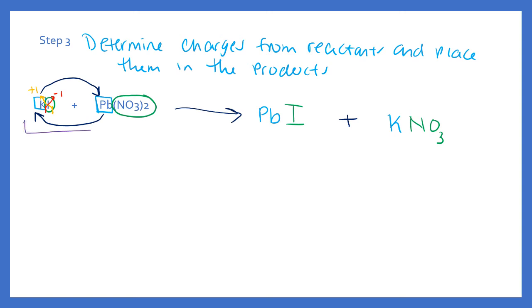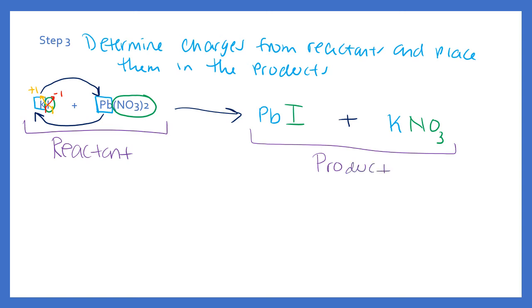Again, guys, this is the reactant side, and this is the product side, okay? So I'm going to carry those 2 charges over to the product side. So my K is a +1, so I'm going to find potassium, K, it's a +1 charge. I is a -1. Good, okay, now let's move on to the next compound.